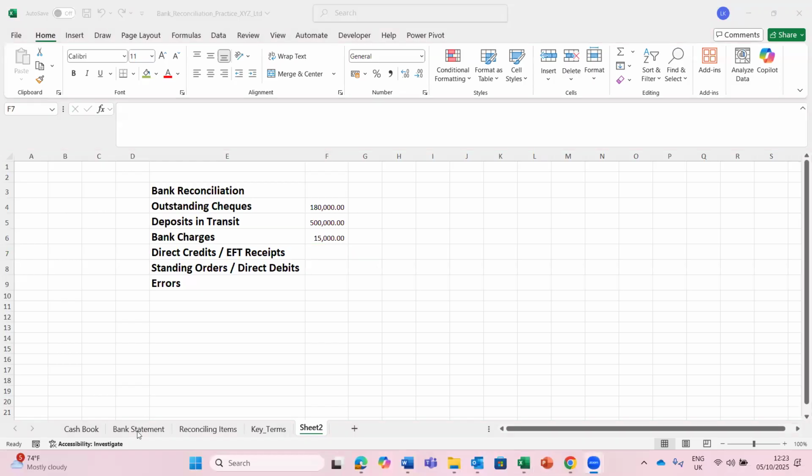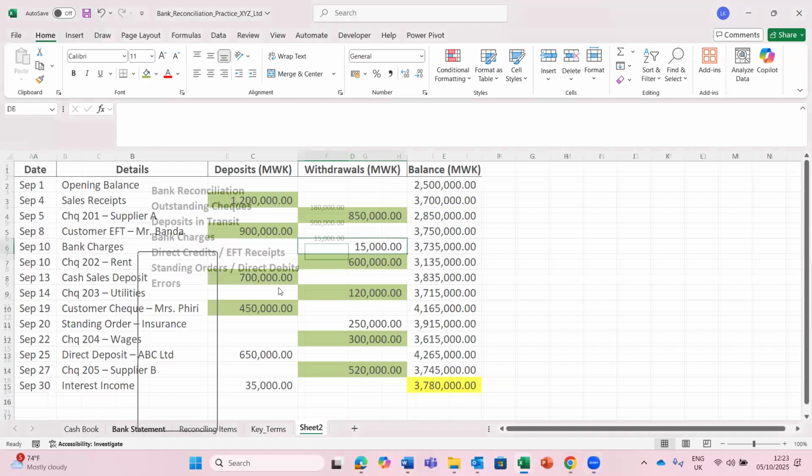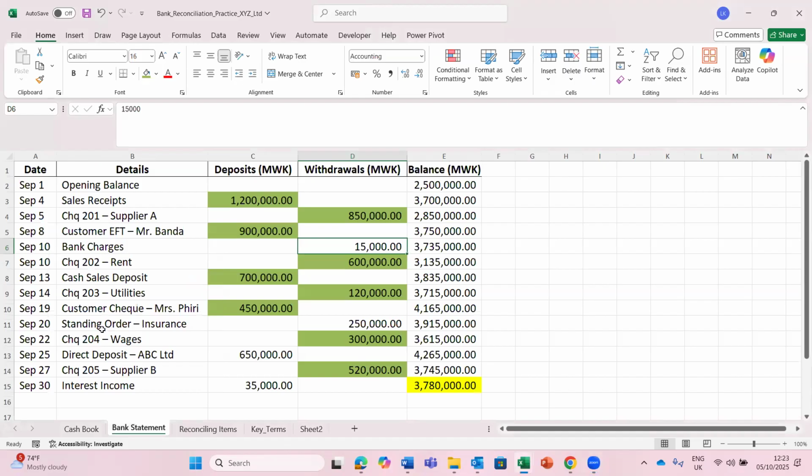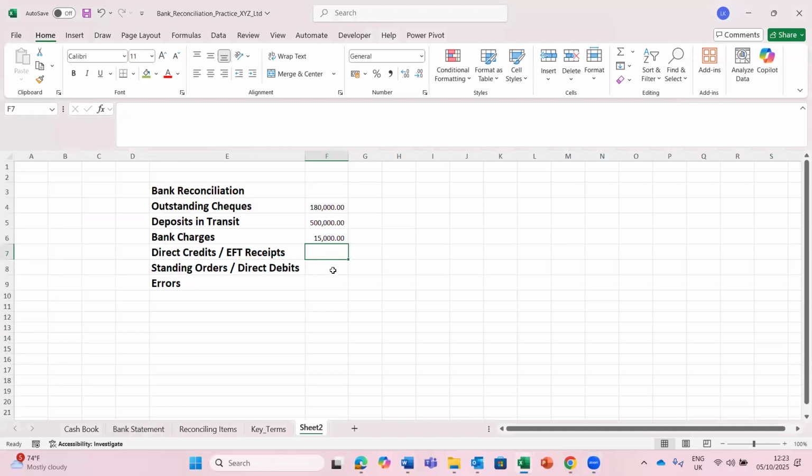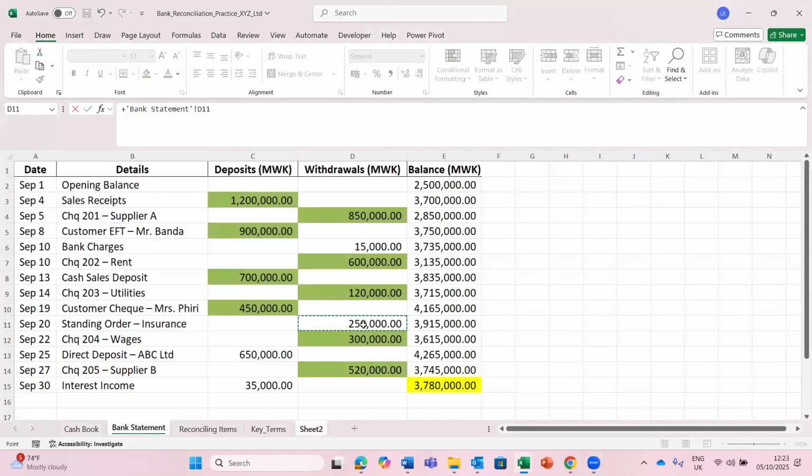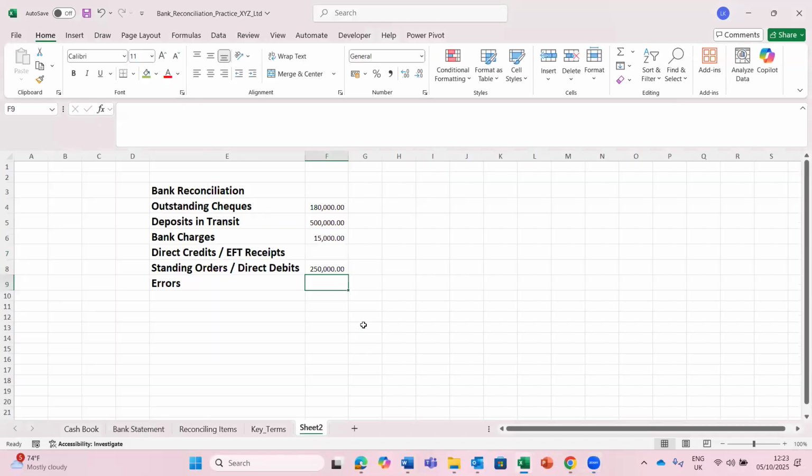Okay. So let's look at the other transaction. We have a standing order, that is insurance. So this is a direct debit. Okay. It has been paid on our behalf. So that's our standing order.